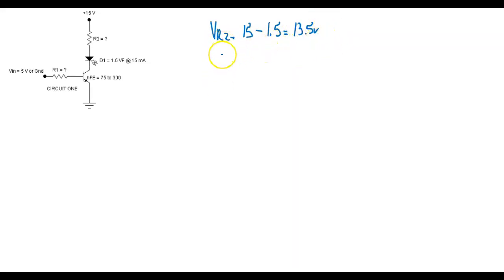And then now I know, so I can calculate R2. R2 is equal to V, 13.5 over I, which is 15 milliamps.